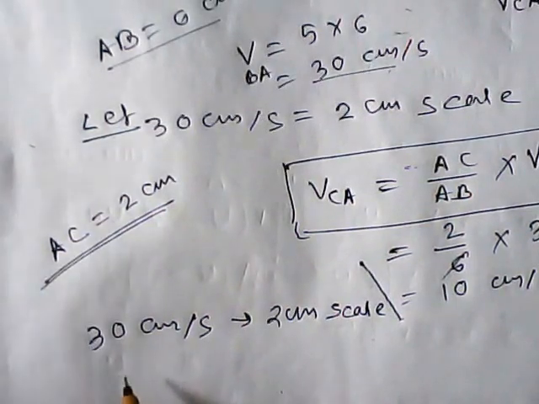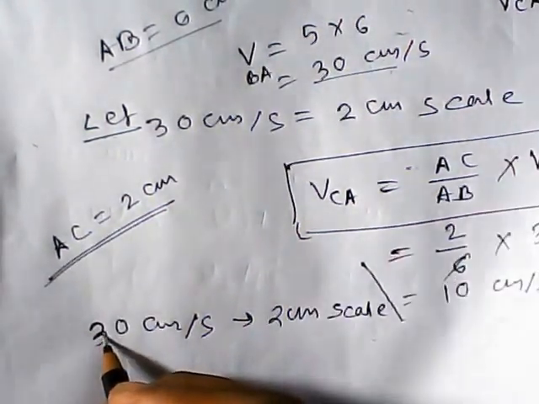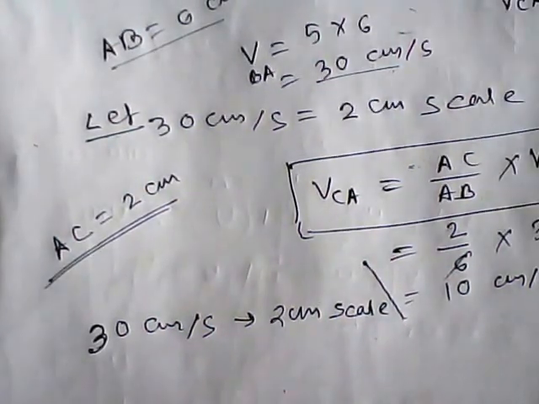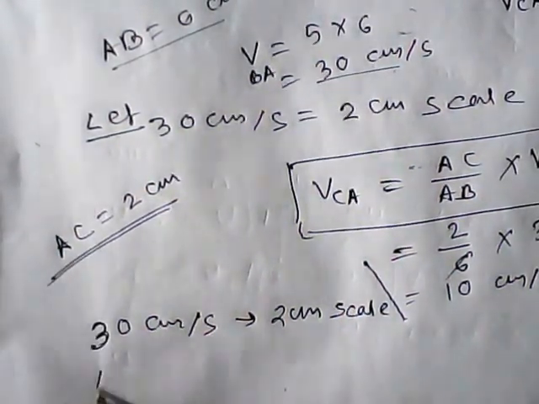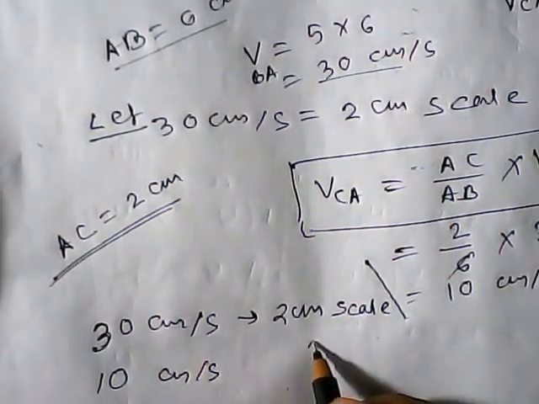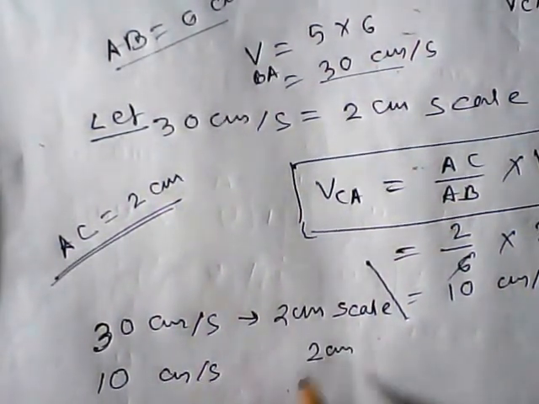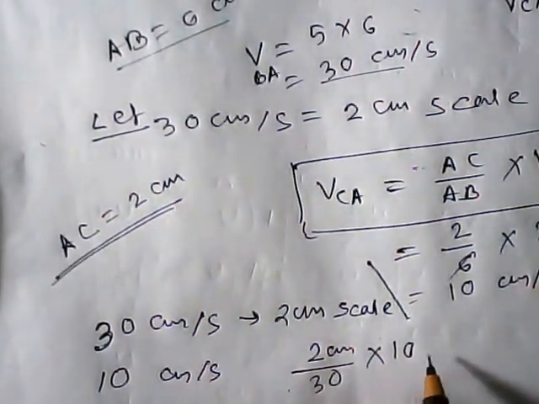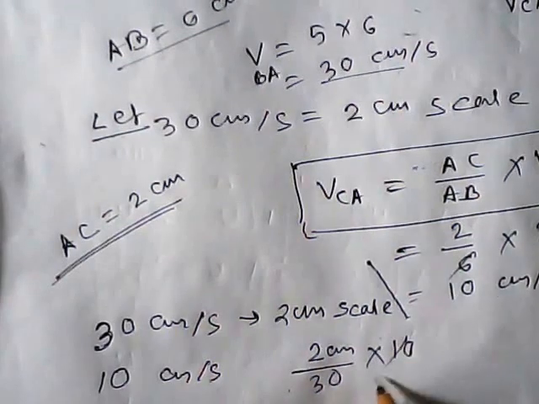Ten centimeter per second equal to 2 centimeter divided by 30 into 10, so that is 2 by 3 centimeter scale. That means 0.6667 centimeter.